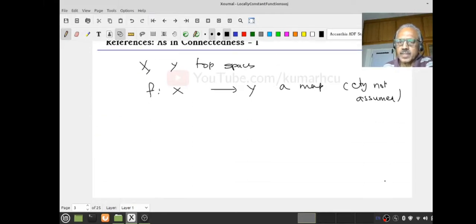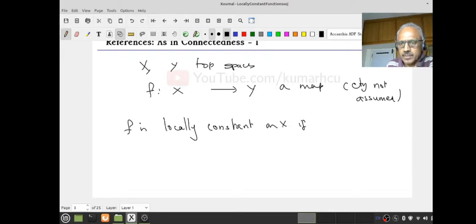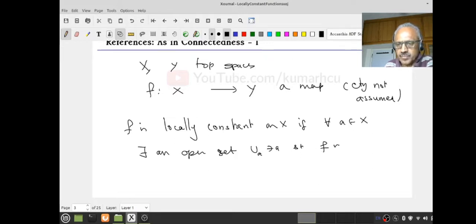Okay, so we say f is locally constant on X if for every a in X there exists an open set U_a containing a, so that f is constant on U_a.